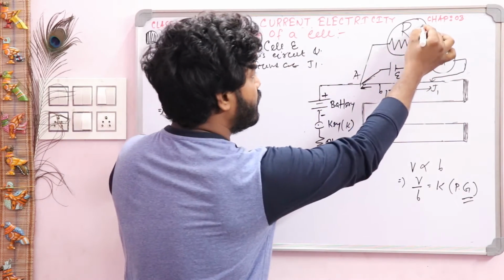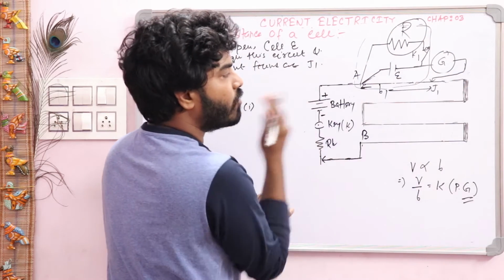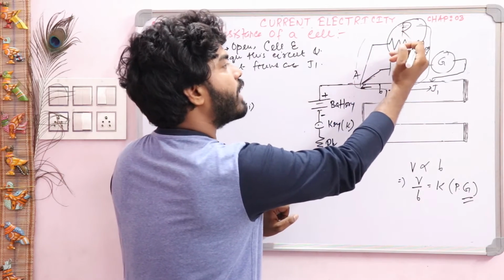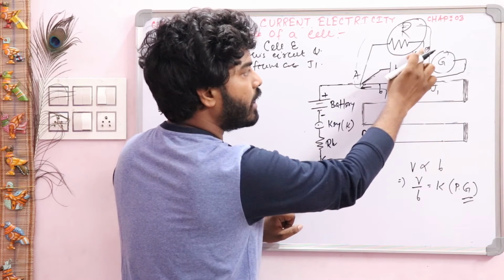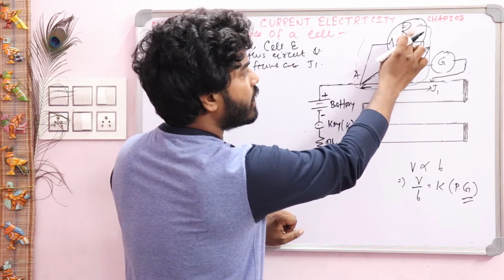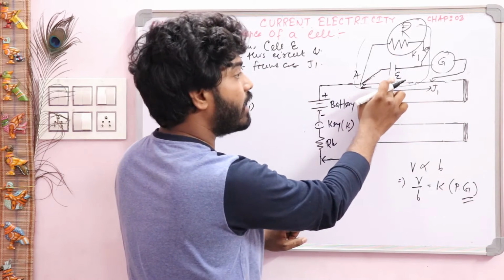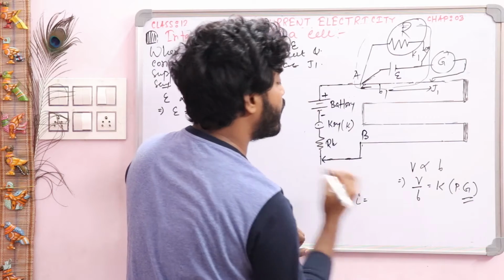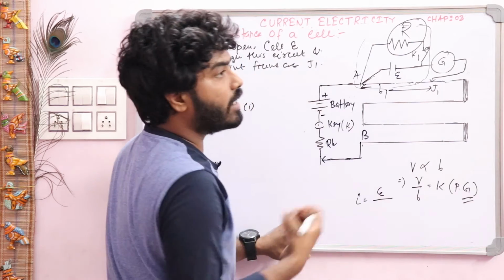For the first case, K1 was open, so the resistance was not connected, but for the second case K1 is closed. What is the expression of this current? I equals EMF divided by total resistance.